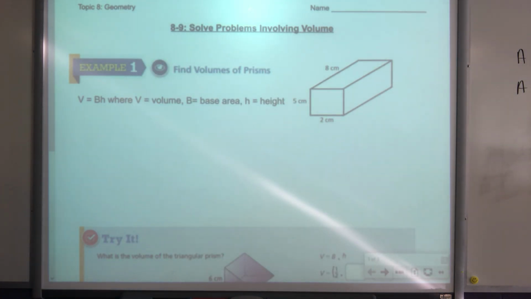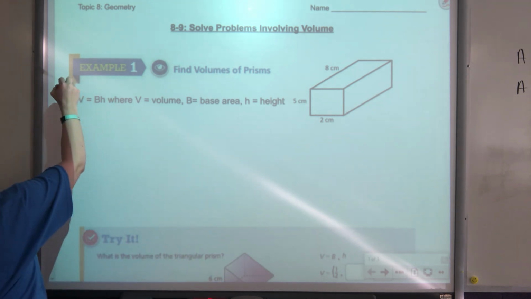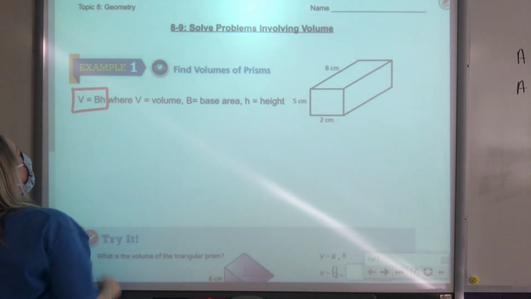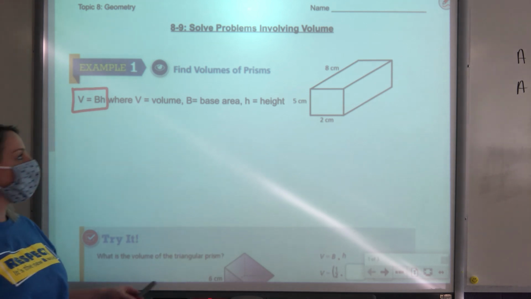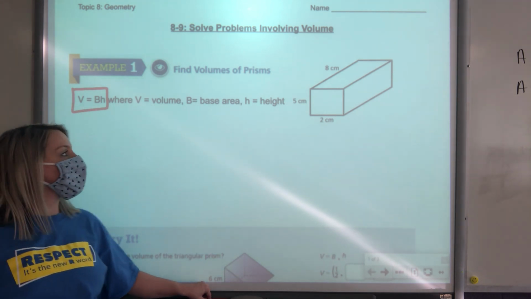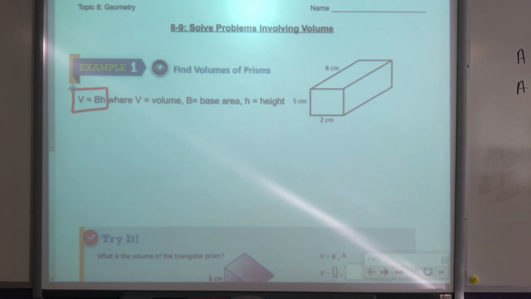Okay, so like I said, we are focusing on volume. How much fits into our prism? So the formula that we use for volume is base area times height. So V equals B times H, where V equals the volume, B equals base area, and H equals height.